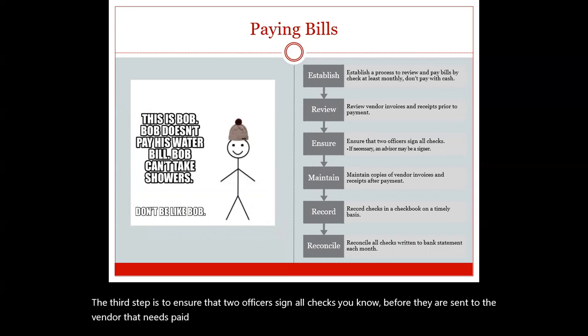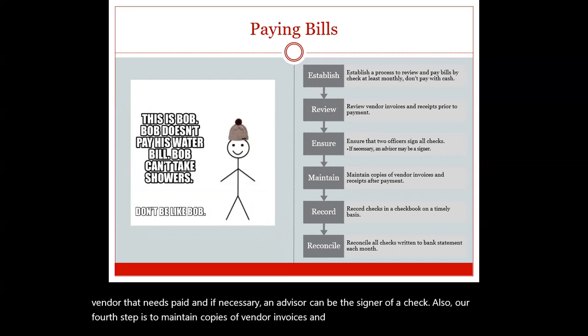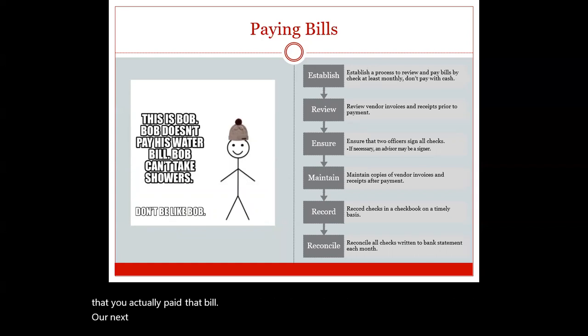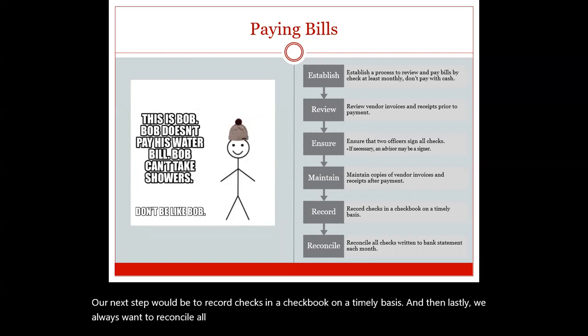And if necessary, an advisor can be the signer of a check also. Our fourth step is to maintain copies of vendor invoices and receipts after payment for verification that you actually paid that bill. Our next step would be to record checks in a checkbook on a timely basis. And then lastly, we always want to reconcile all checks or payments written to bank statements each month.